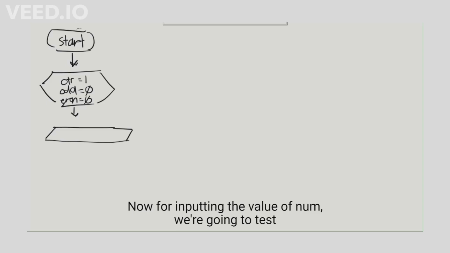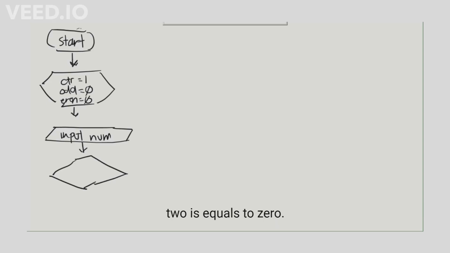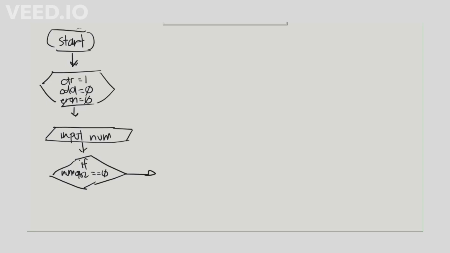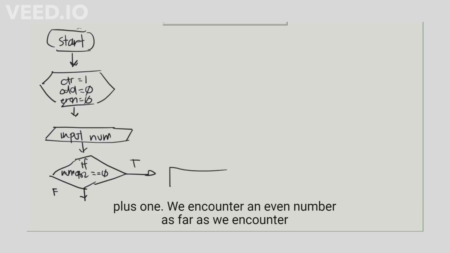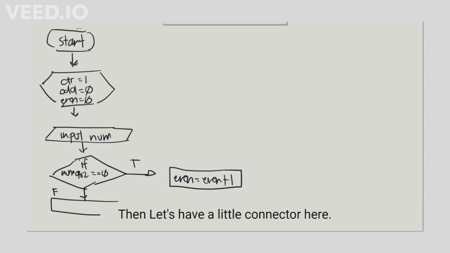After inputting the value of num, we test if the number is odd or even using if num modulo 2 is equal to 0. If it's true, we use the process even equals even plus 1, since we encountered an even number. If it's false, we encountered an odd number, so odd equals odd plus 1.